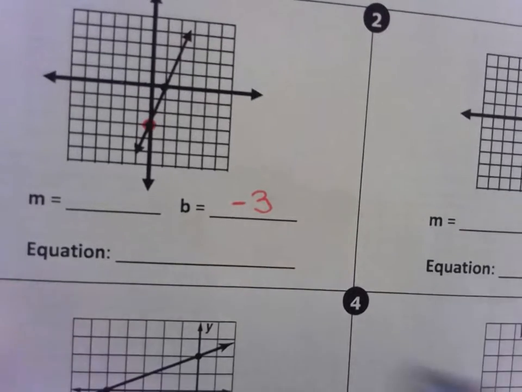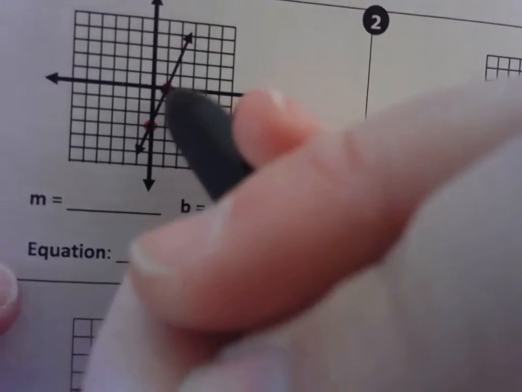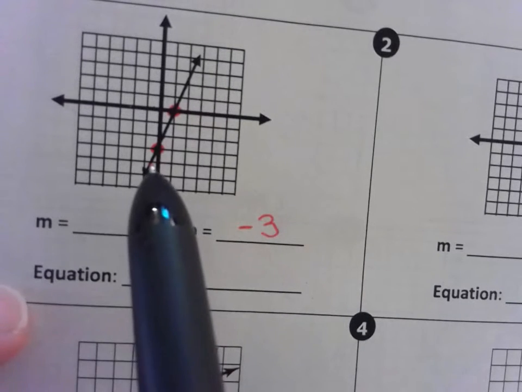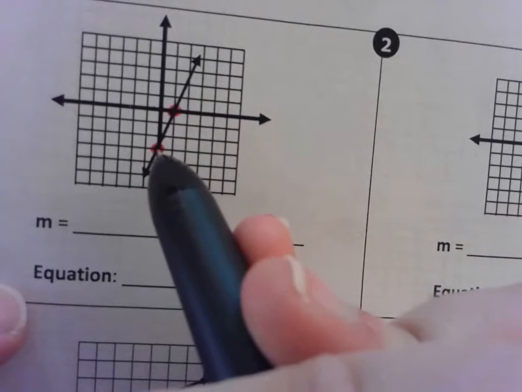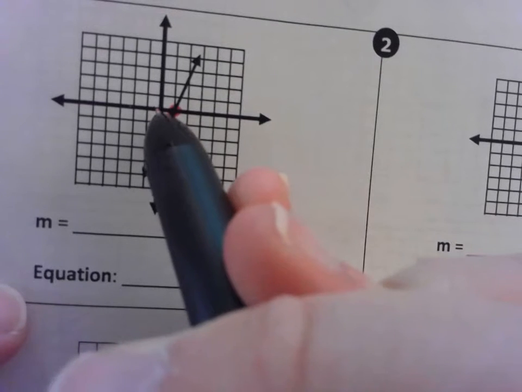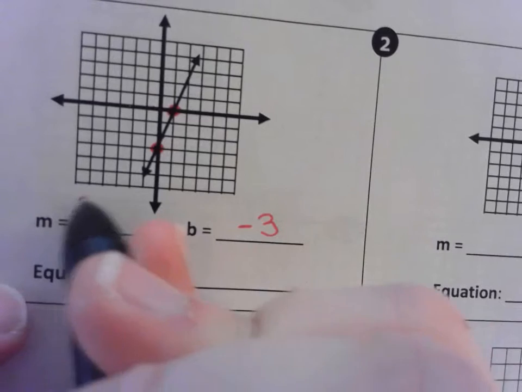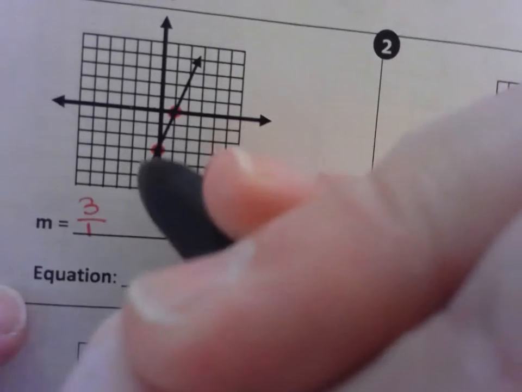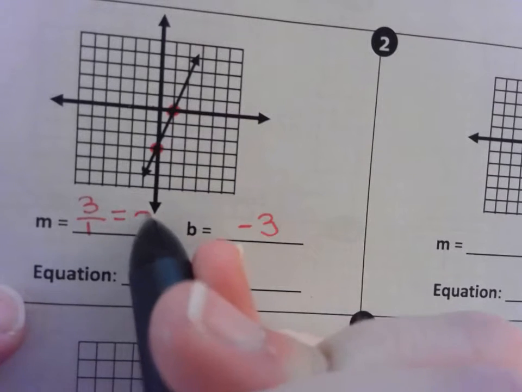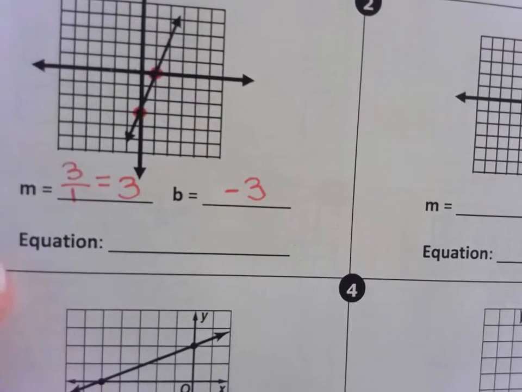Pick another point, which they already have right here. Pick a point that hits nicely. So I'm going to pick right there. We did this on Monday. Start with your left point and do rise over run. I go up how many? 3, right? So 3 over 1. It's positive because my line is going uphill. 3 over 1 is just 3.